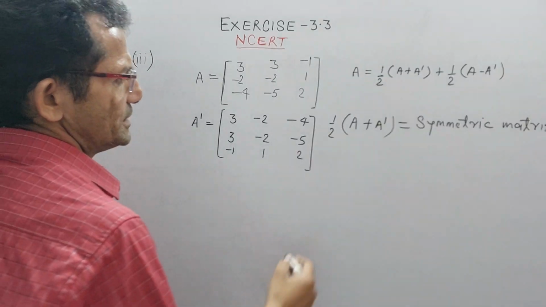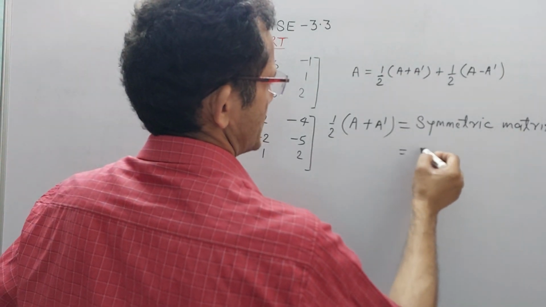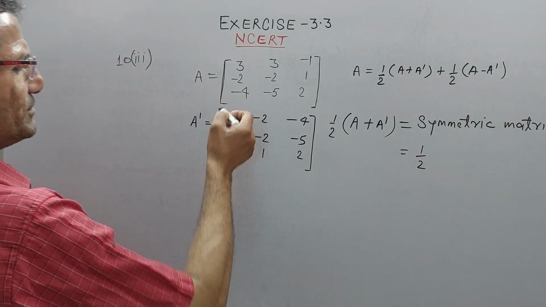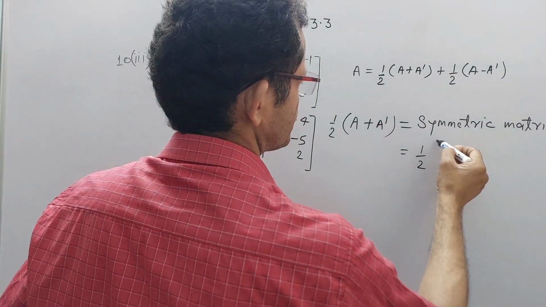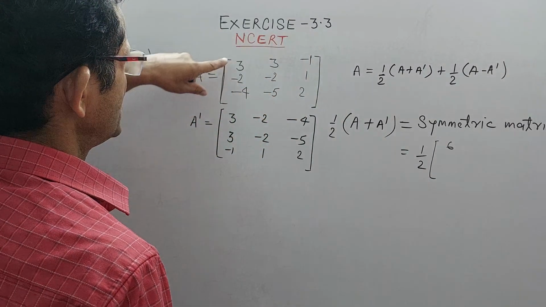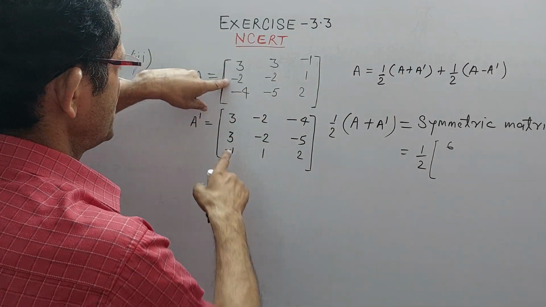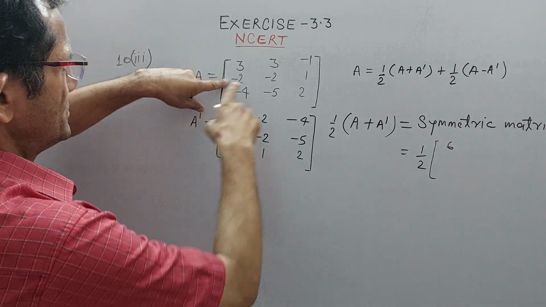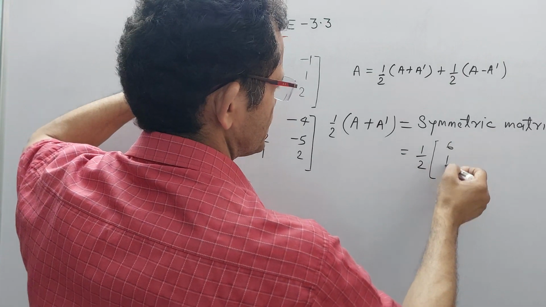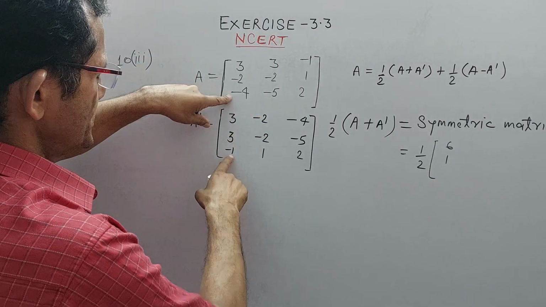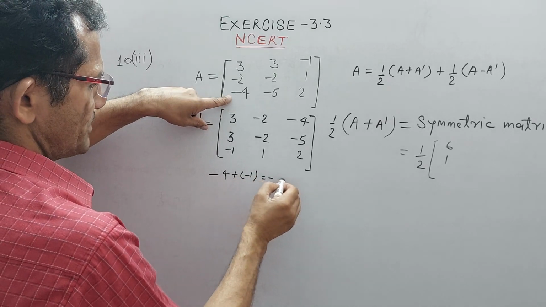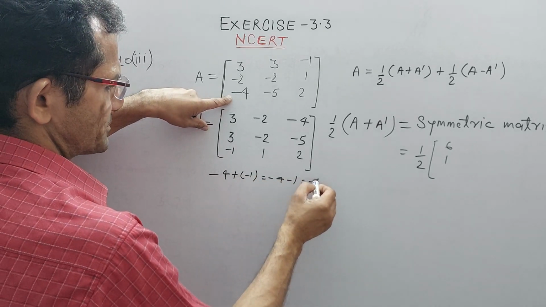Let us see what value comes out, half is outside. We just add directly, 3 plus 3 will be 6, and this is the first column element. 3 plus 3 is 6, minus 2 plus 3 will be plus 1, and minus 4 minus 1 will be minus 5.